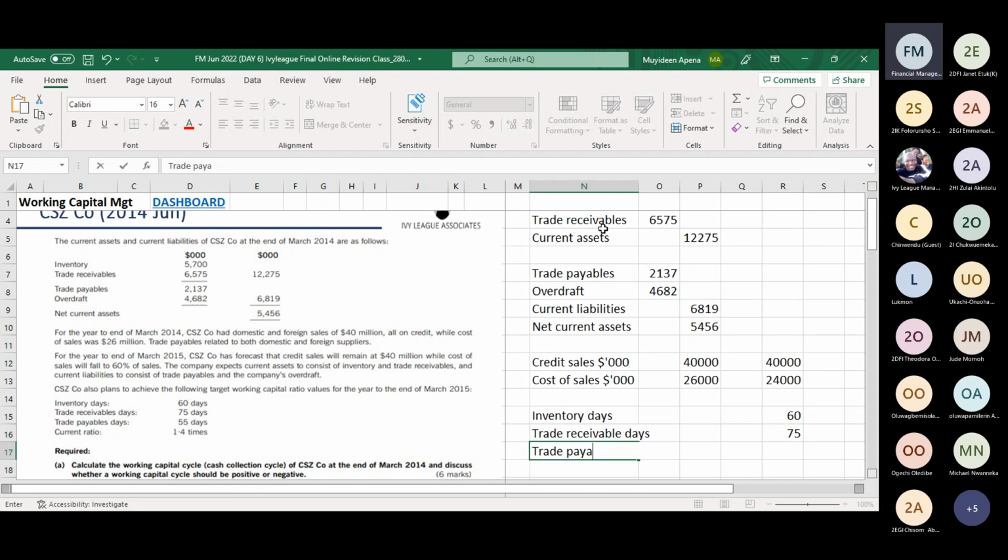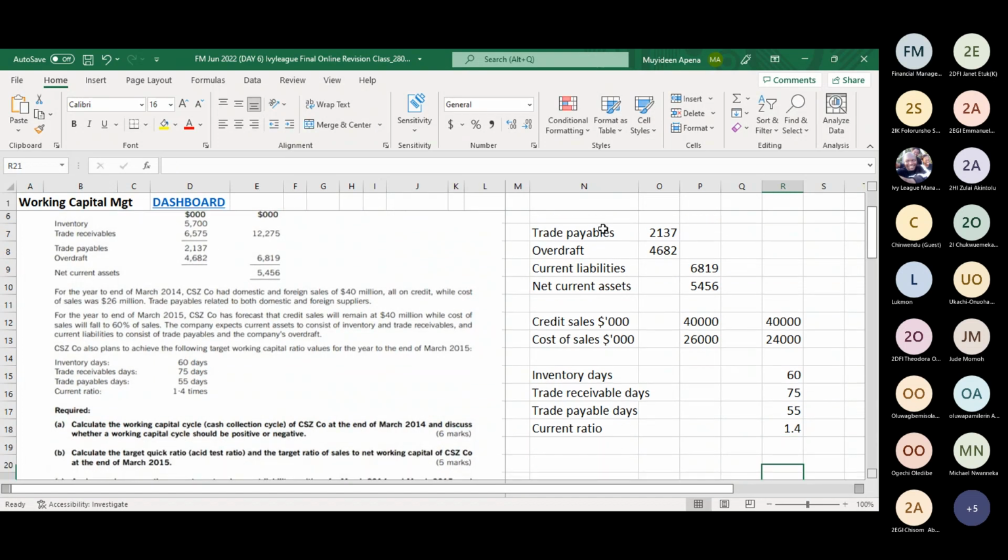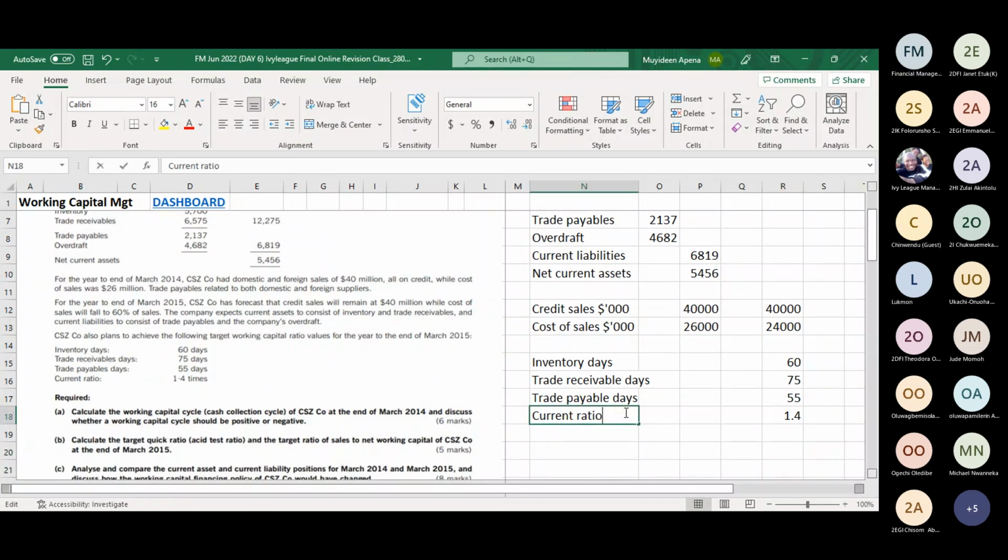Trade payable days expected to be 55. And the current ratio expected to be 1.4. Okay, so those are the things given to us.